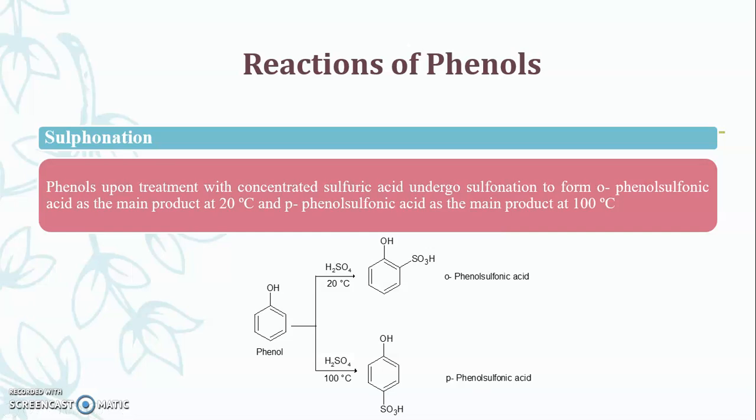Means depending upon the temperature utilized, we will get either the ortho substituted product or the para substituted product. So it all depends upon the temperature. This is the fourth reaction given positive by the phenol, that is sulfonation.